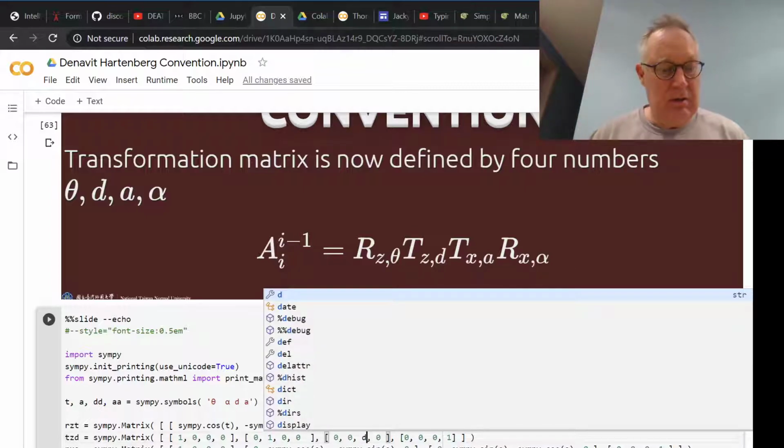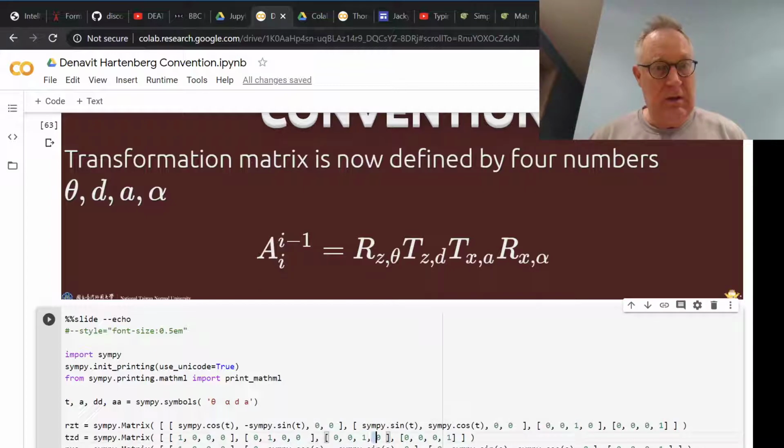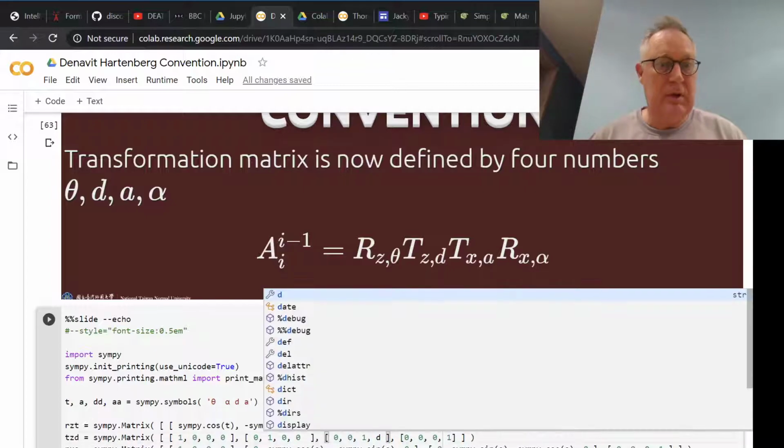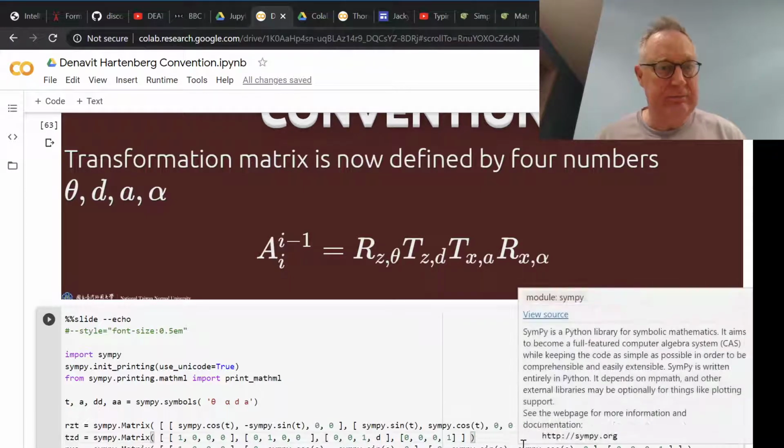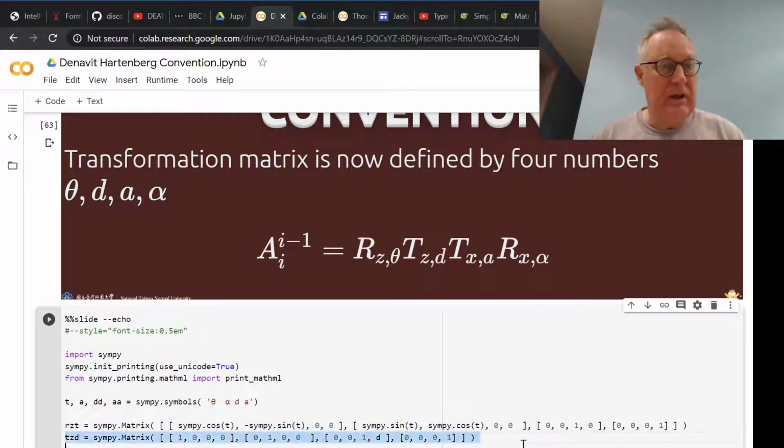Sorry, not this one. This one here, we translate along d for the z-axis. Then we translate along x by a.